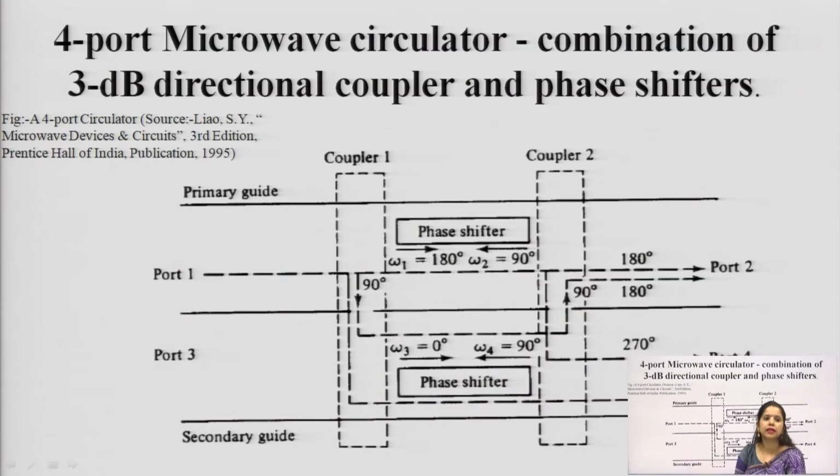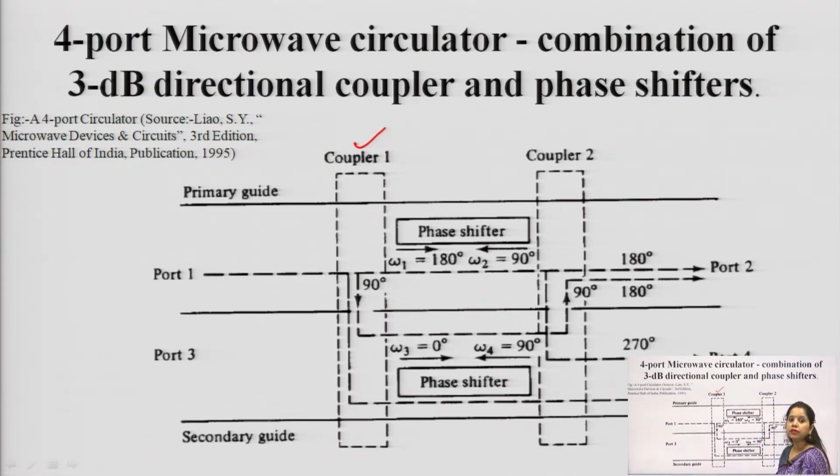Now, here is an example of a 4-port microwave circulator, which is a combination of a 3 dB directional coupler and a phase shifter. Let us do one example for this. This is a coupler, and this is a primary guide and a secondary guide, so we have two waveguides. There is a phase shifter here.